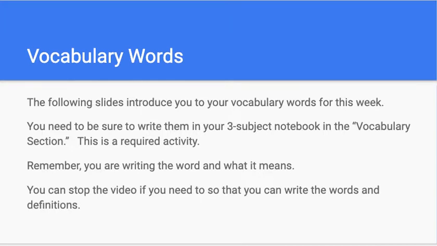You can either do it by coming up with your own definition, or you can write down what is there on the screen. You can stop the video if you need to do that so that you can write the words and definitions. It should take you about 10 minutes or so on a usual week. This week it might be a little bit longer because of all the explanations going on.